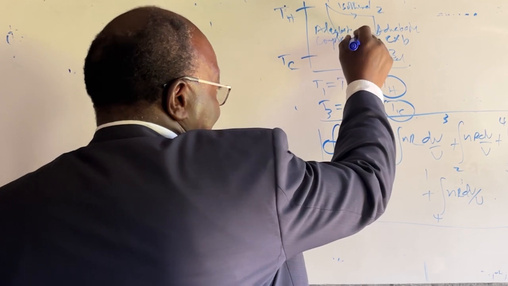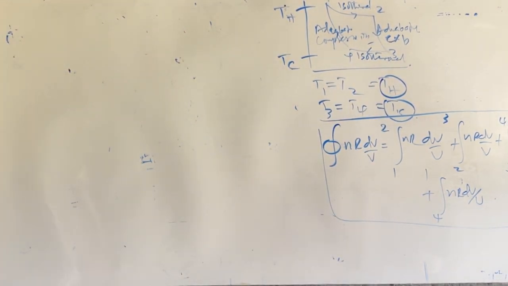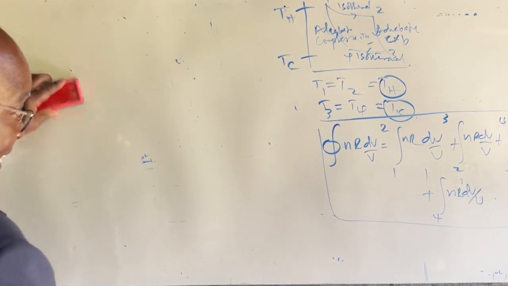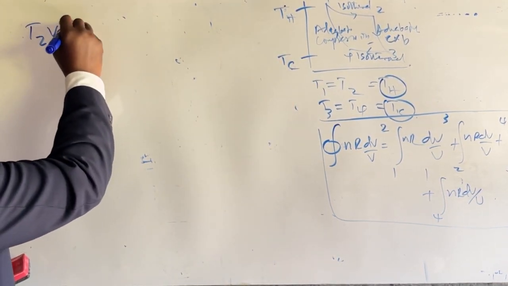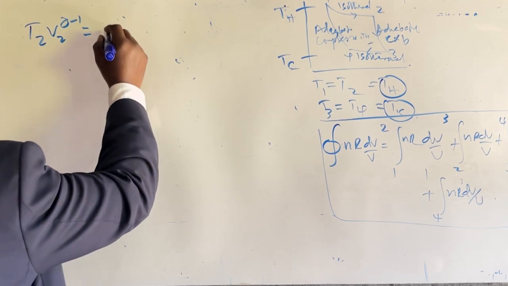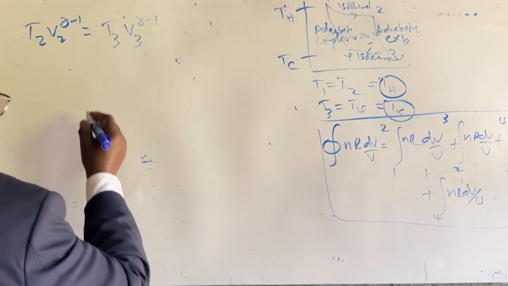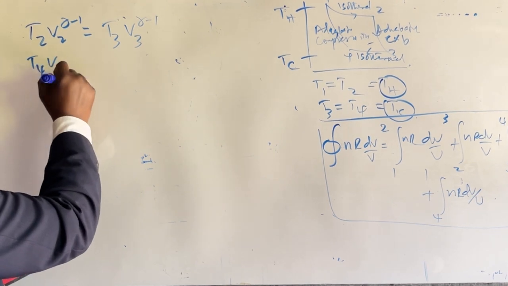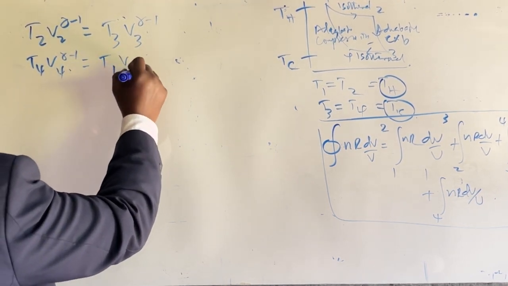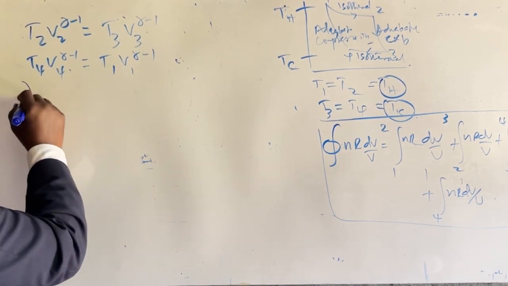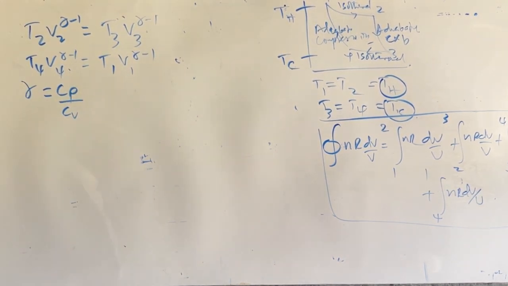For these, temperature and volume are related as T2 V2^(gamma minus 1) equals T3 V3^(gamma minus 1), and T4 V4^(gamma minus 1) equals T1 V1^(gamma minus 1). Remember, gamma, like we did in the earlier lecture, was Cp over Cv.